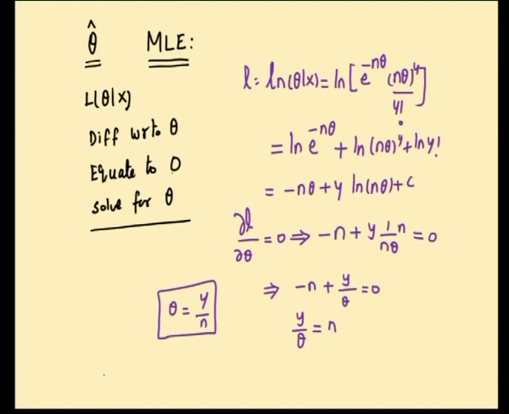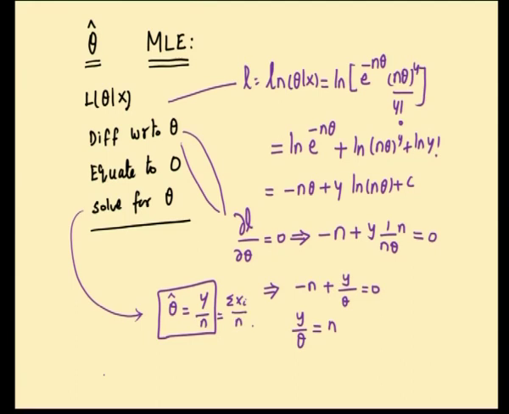So this is your likelihood, and here we are differentiating with respect to θ, equating to 0, and finally solving for it. This is referred to as θ hat equal to y by n. But y is already in our notation the summation of x_i, so θ hat is sigma x_i by n, which is x bar.